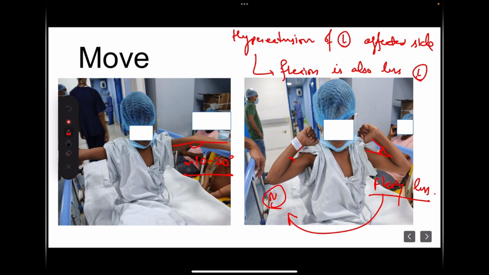But one thing you should always remember is that the arc of motion is normal. Supposing 15 degrees of flexion is lost, then the child will have 15 degrees of hyperextension, but the arc of motion is normal.